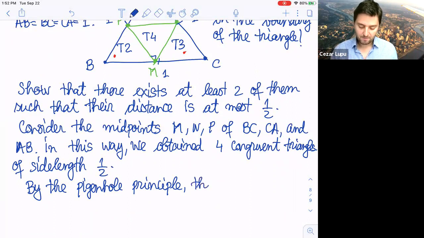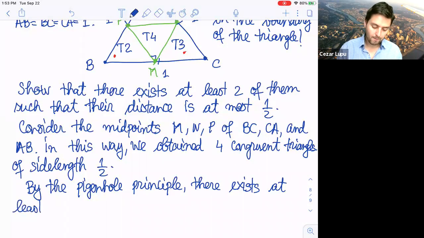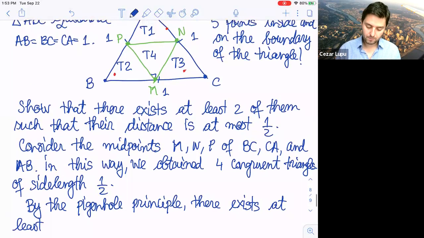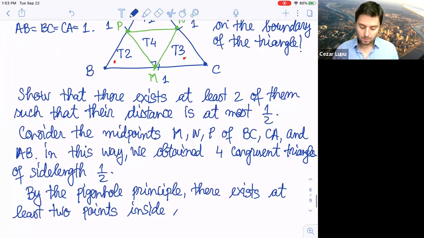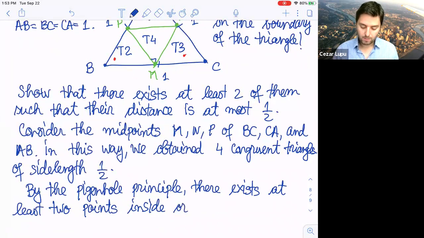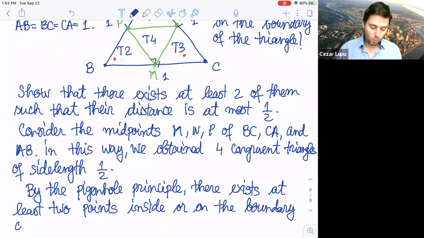There exist at least 2 points inside or on the boundary of one of the triangles.